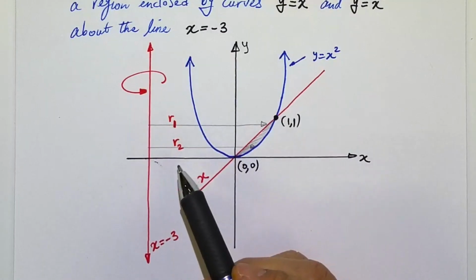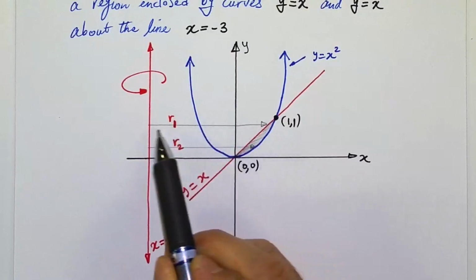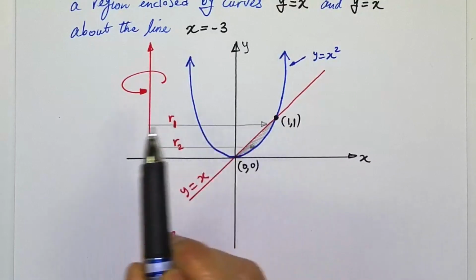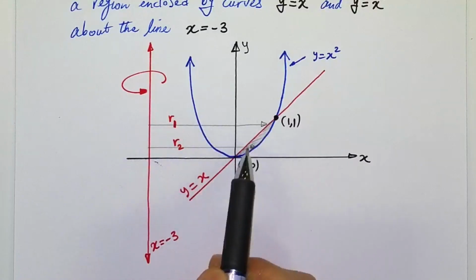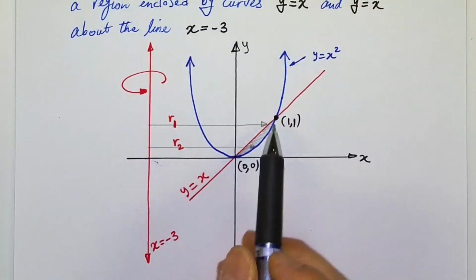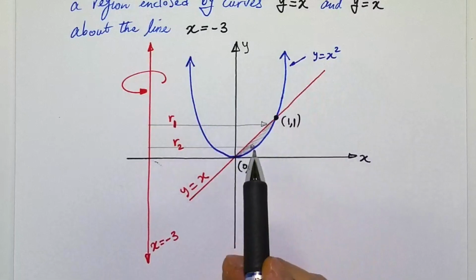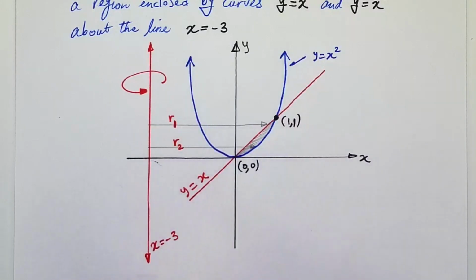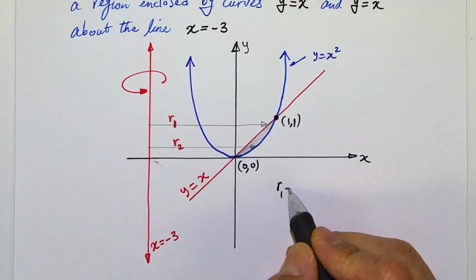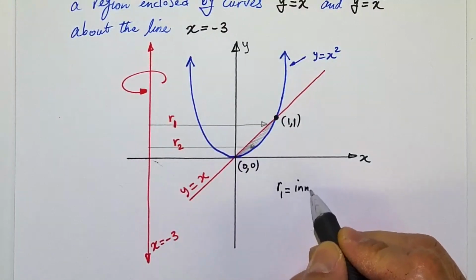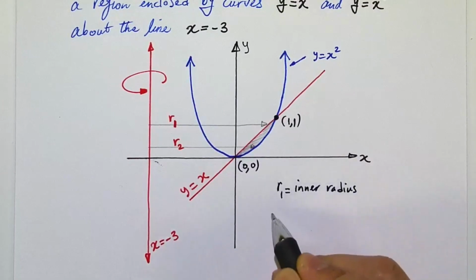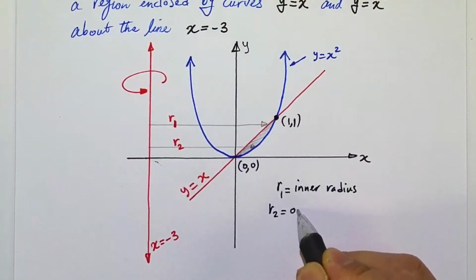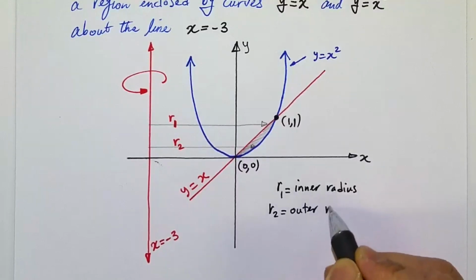For sure, if you said inner radius, you'd be correct, right? You're rotating this region about this axis, so that's the inner radius. And the blue curve, or the y equals x squared, is the outside radius. So let's write that down. We have R1 as the inner radius, and R2 as the outer radius.